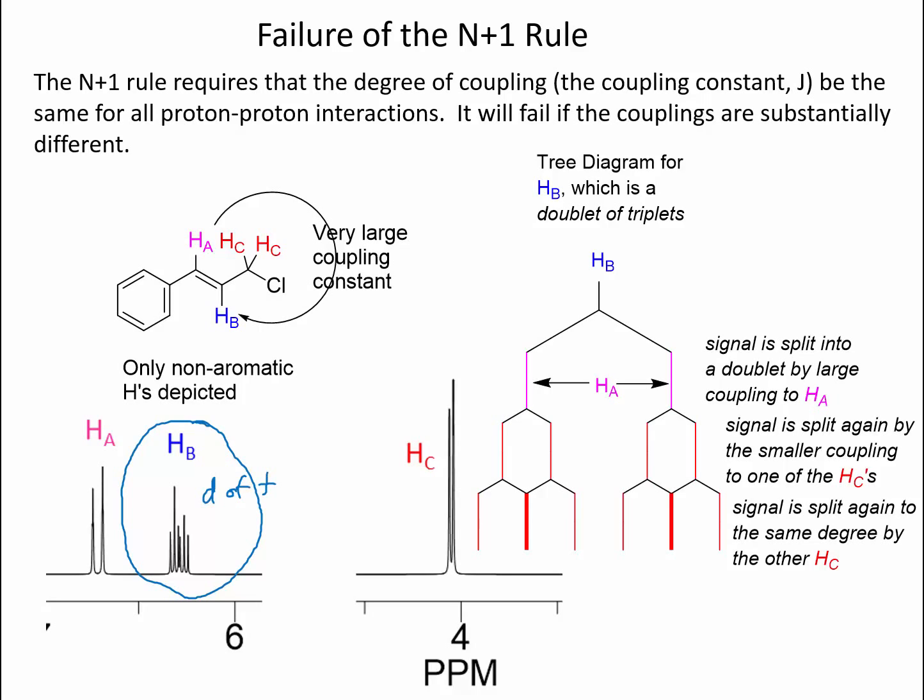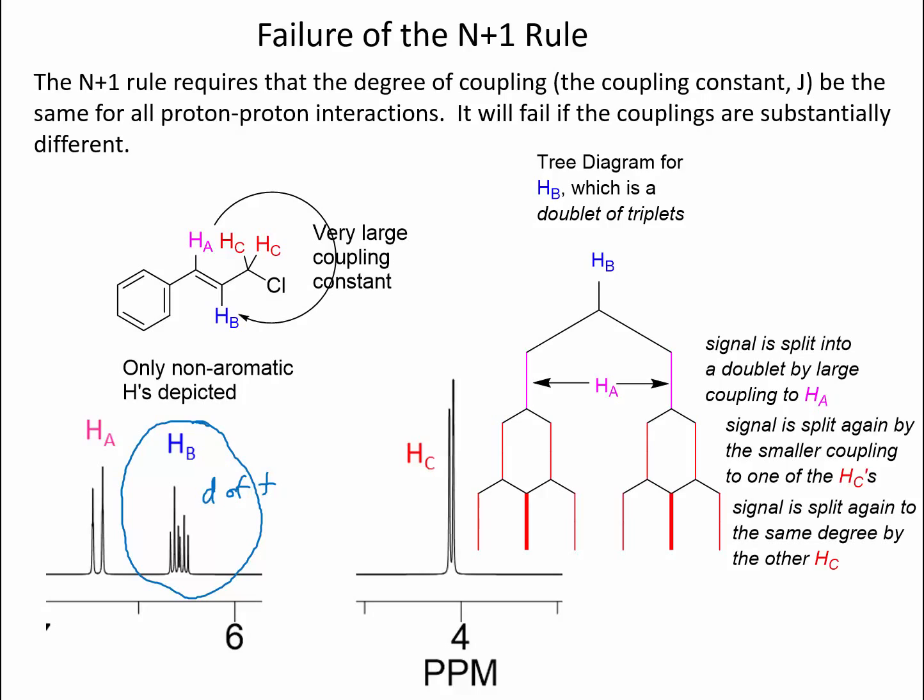HA is the doublet you expect it to be, and HC is also the doublet that you expect from coupling to HB. But HB itself looks a little bit different, and this is due to the fact that the trans coupling on an alkene is one of the strongest types of coupling you can have.